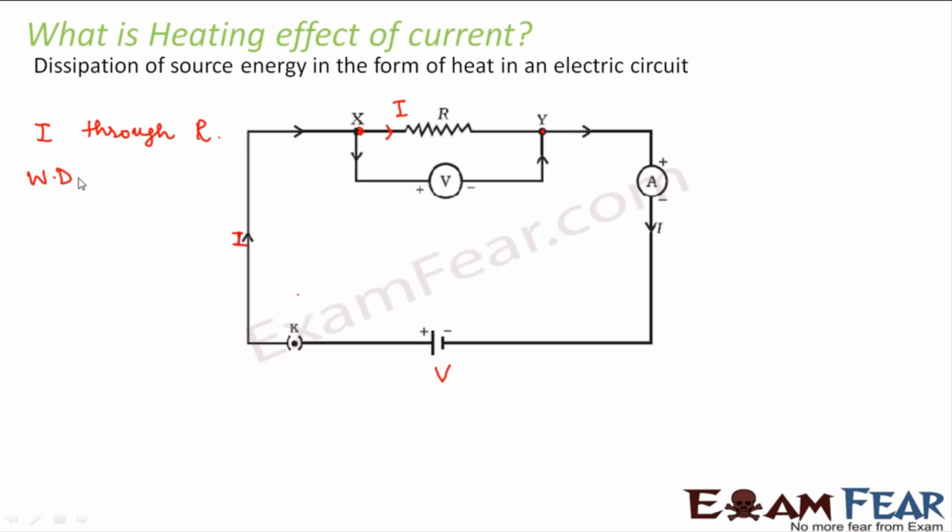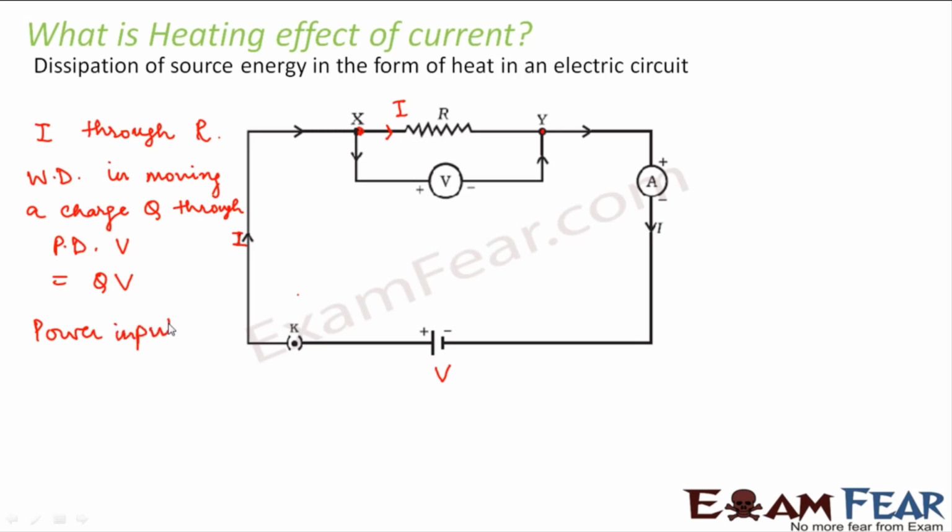What would be the work done in moving a charge Q through a potential difference V? That will be equal to Q into V, that is, charge into potential difference. So what is the power input to the circuit?